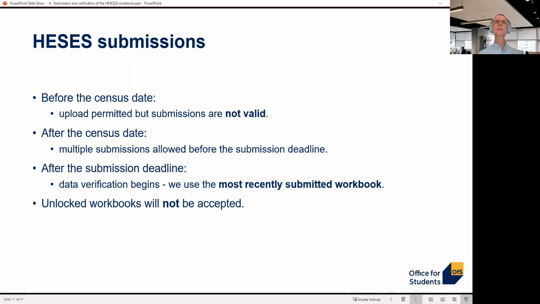Sometimes they are locked and protected in different ways. And occasionally what we'll find is that people will try to unlock them or unprotect them. And we ask that you please don't do that. That's primarily because that can throw the processing behind the scenes in the portal out of whack and cause delays. So we ask you not to do that, and we will not accept unlocked workbooks as valid submissions.